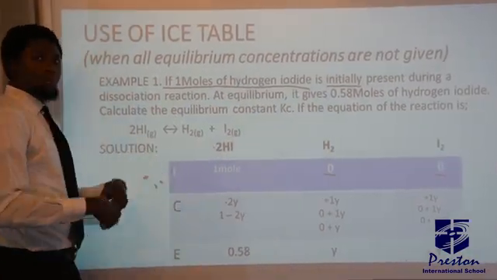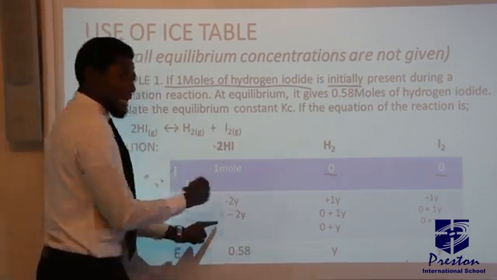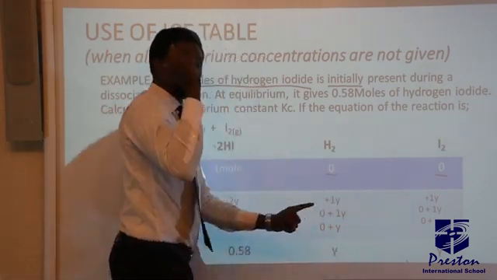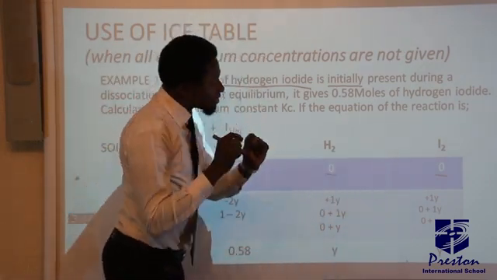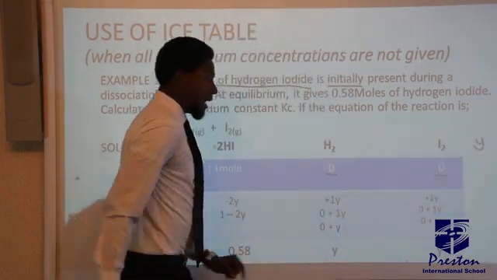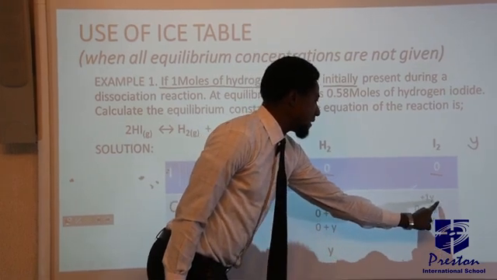Now, the moment the reaction begins, the concentration of the reactant side will be reducing, while the concentration of the product will be increasing. But we are going to represent that increment by letter y. And that is why we said this side will be increasing by plus y.